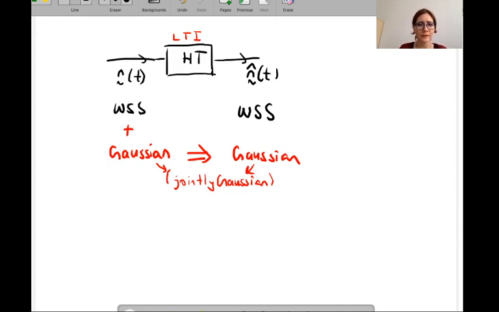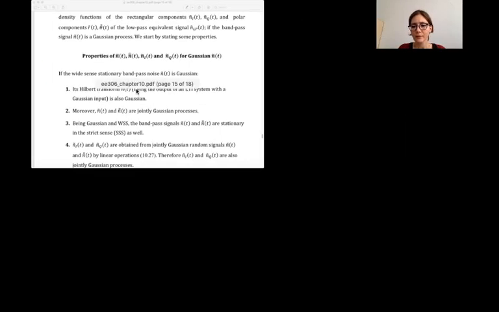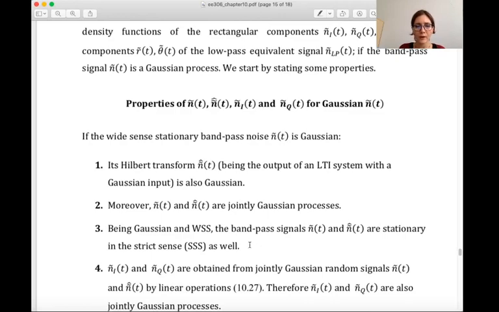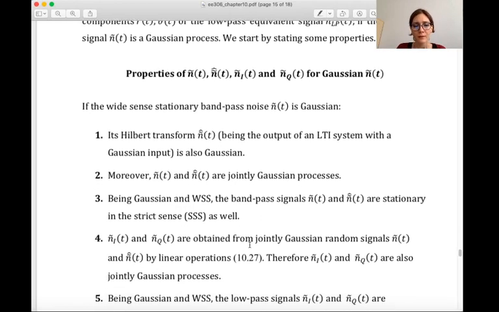So the input process is strict-sense stationary. You can do the same thing for the output process. The output is wide-sense stationary, and we just saw that it's Gaussian. These two imply that the output process, the Hilbert transform process, is also stationary in the strict sense. So this is the third item that we have seen here.